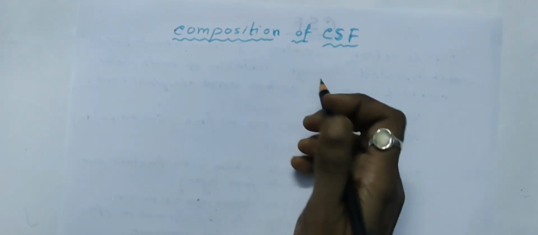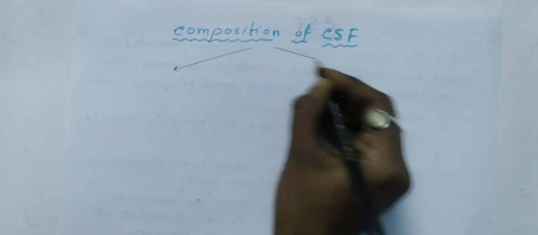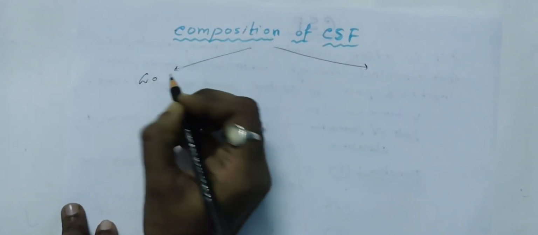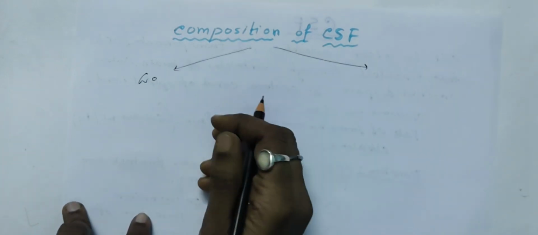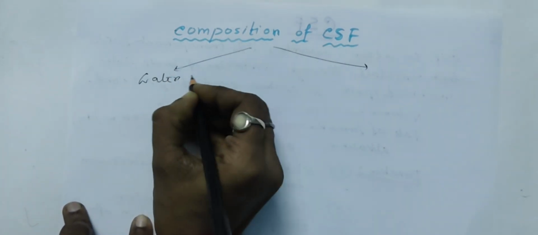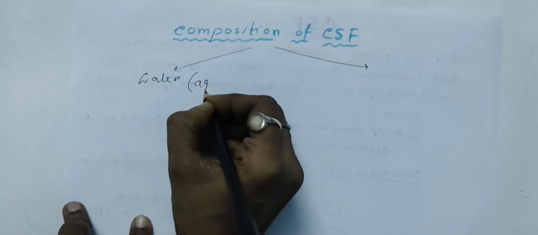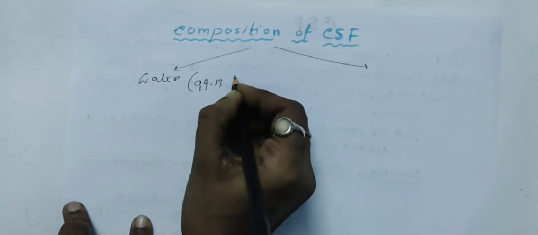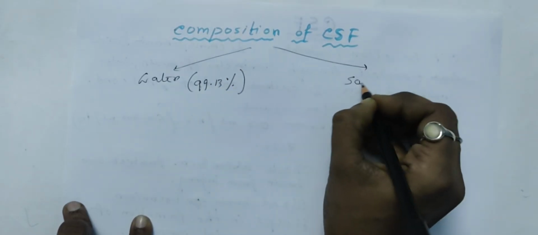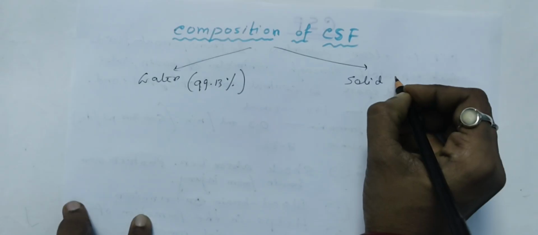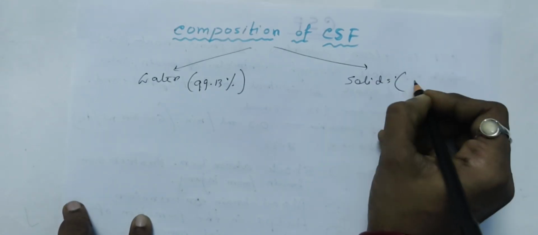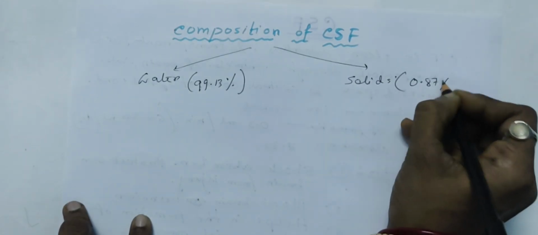Now come to its composition. Cerebrospinal fluid is made up of water and solids. As it's a fluid, the water content is more. Water is up to 99.13% and solids are 0.87%.